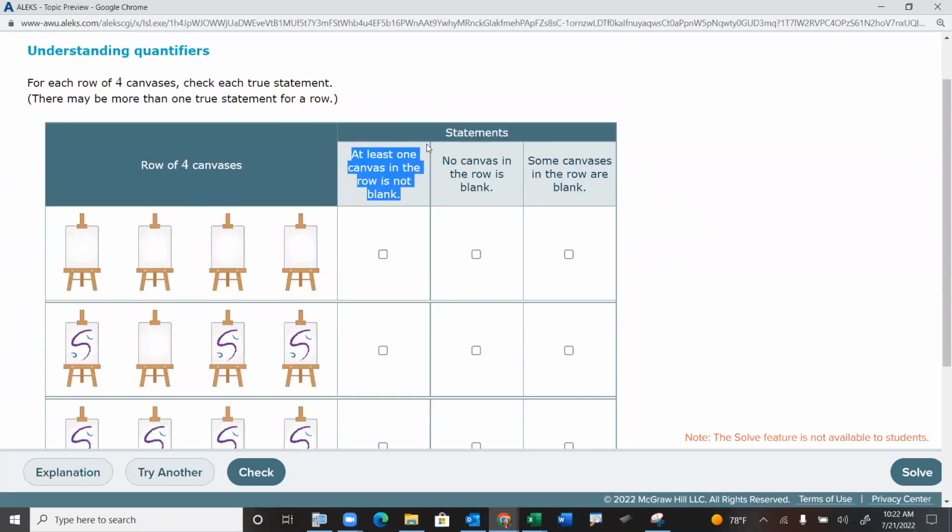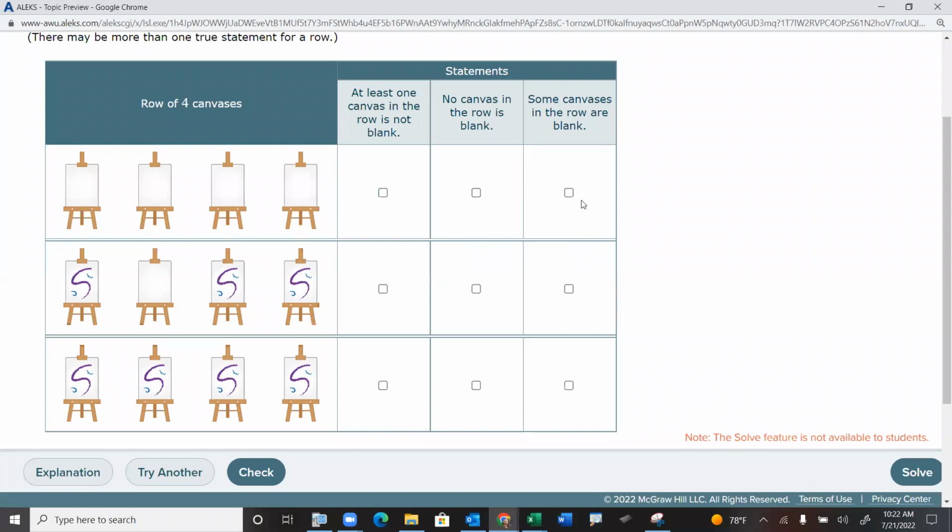Quantifiers like at least one and none and some. I just practiced one of these, and I got it wrong because I didn't read part of it carefully. So yeah, just make sure you read carefully.